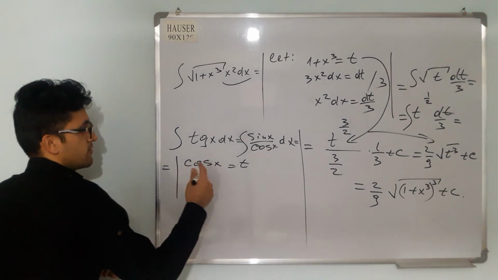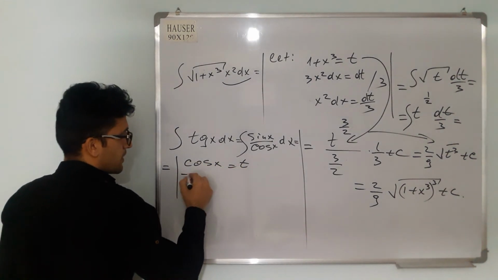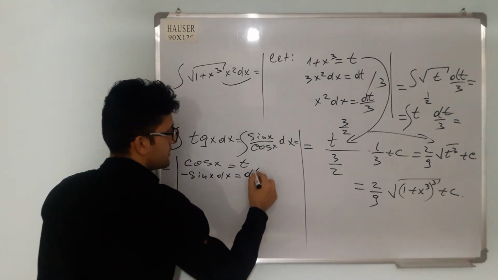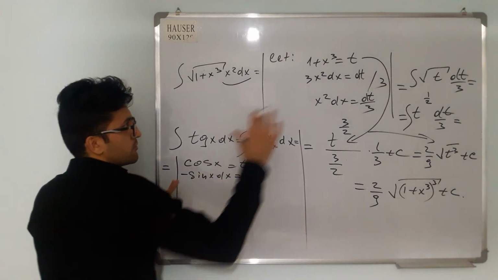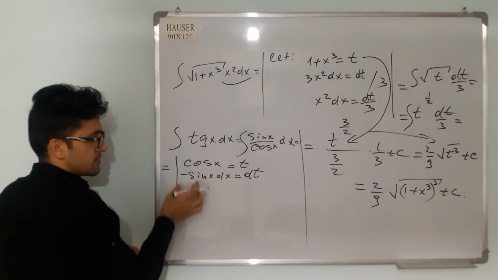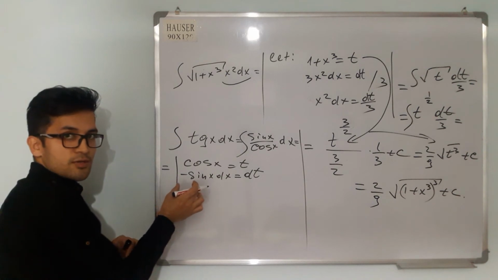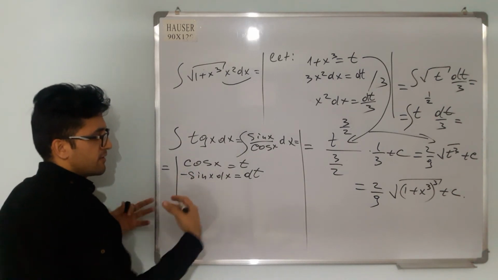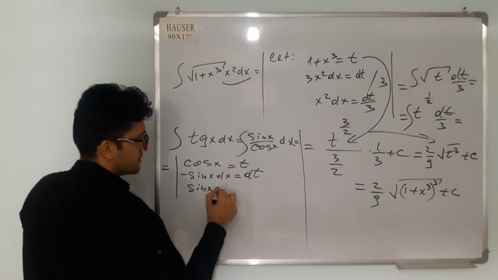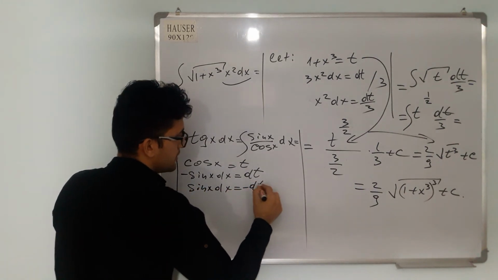When you take a derivative from both sides, it should be minus sin x dx equals dt. Here is given sin x dx, but extra minus is given here. This means we should divide both sides by the minus. Then it will be sin x dx equals minus dt.